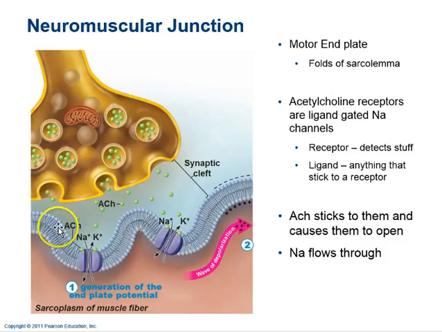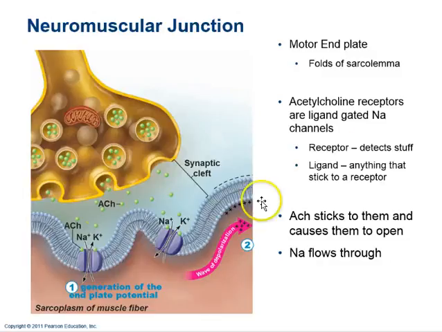Then, if we look at the muscle cell, this section of the membrane is what is called the motor end plate. The motor end plate is another tricky technical term for cell membrane. It's the part of the cell membrane that's right underneath the neuron.